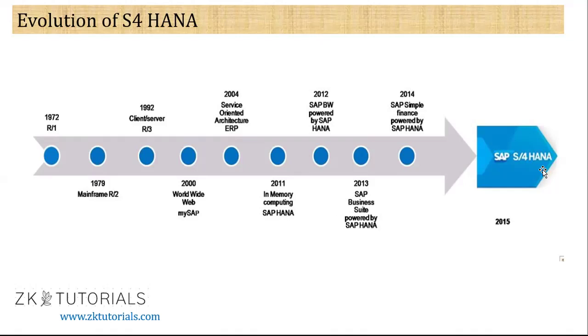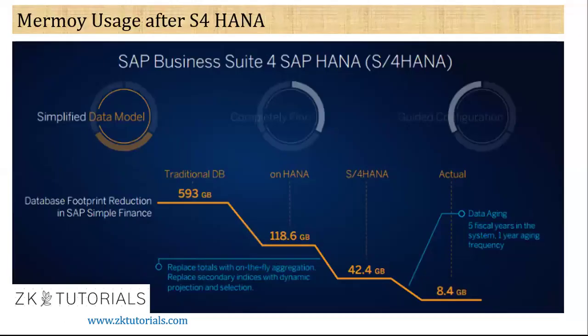Now, what is the advantage of the simplification you achieved? With the simplified data model, how large was the old traditional database? Here you can see the old database size was around 593 GB.